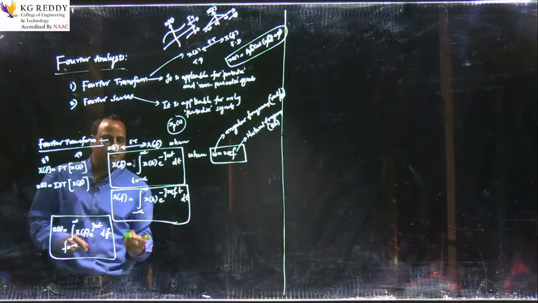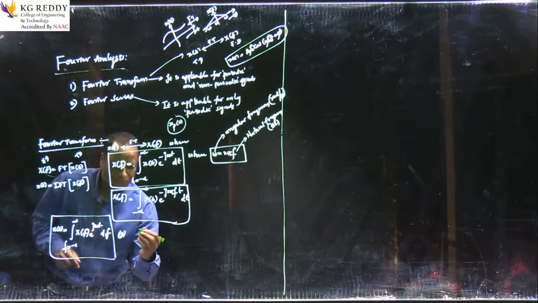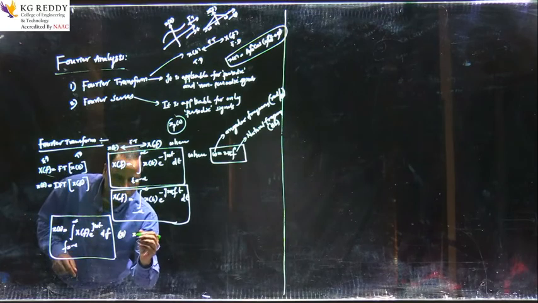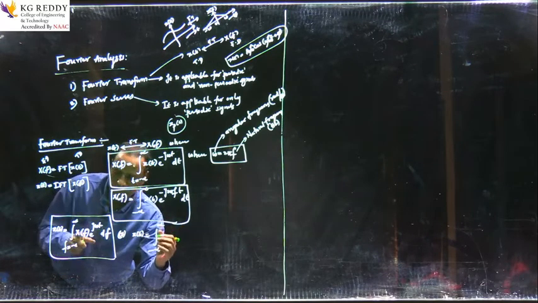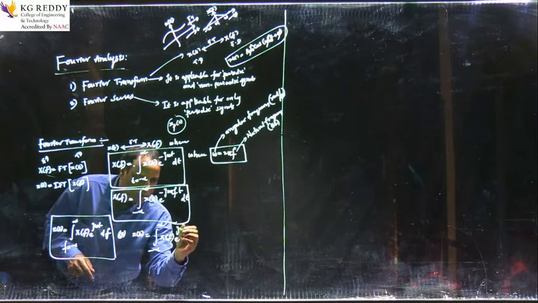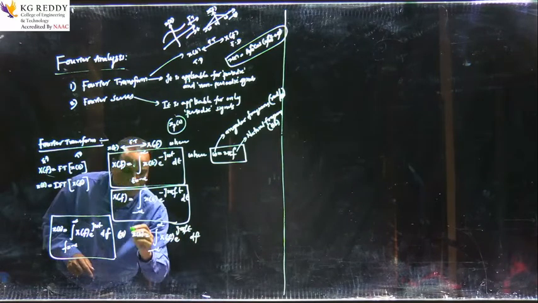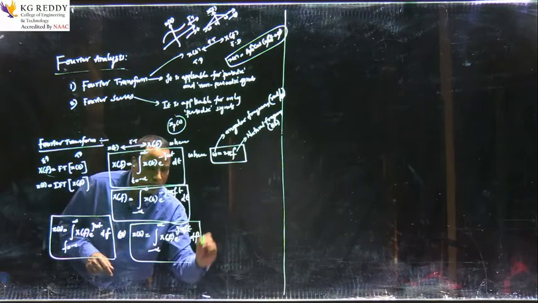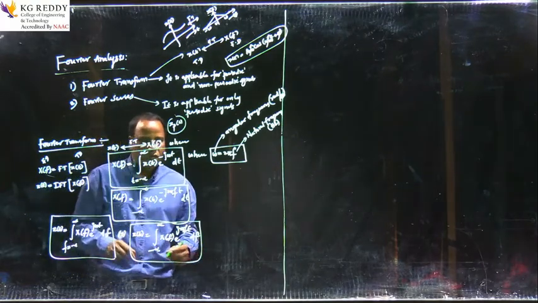There are multiple ways to write this definition. We can also say x of t can be written as the integration from minus infinity to plus infinity of x of f e power j 2 pi f t into df. This is another way of writing the inverse Fourier transform definition. This is in terms of angular frequency and this is in terms of natural frequency.